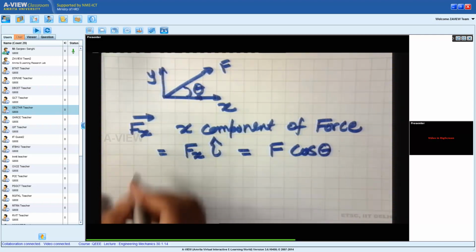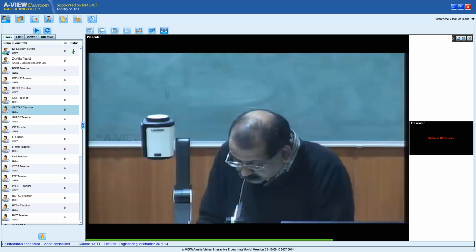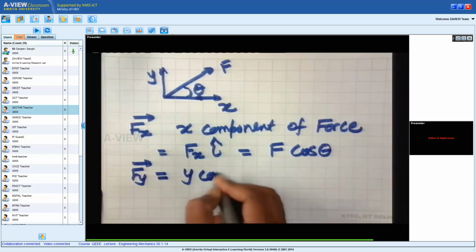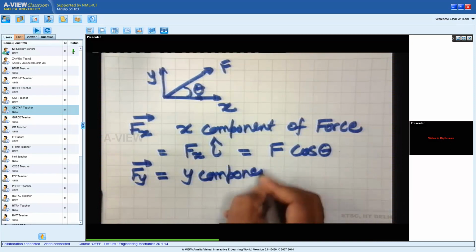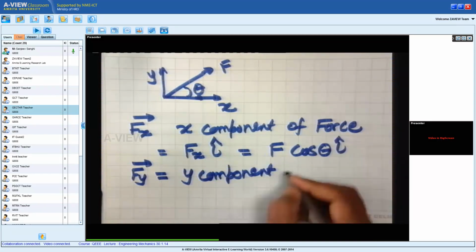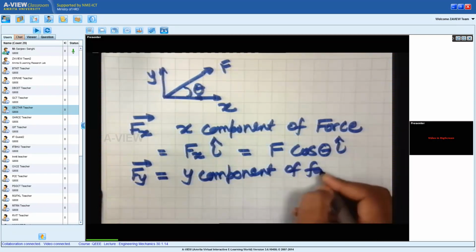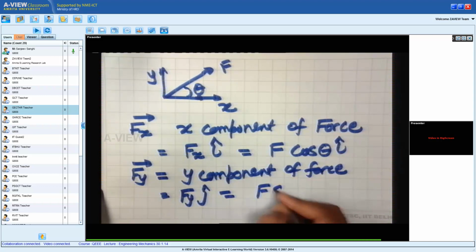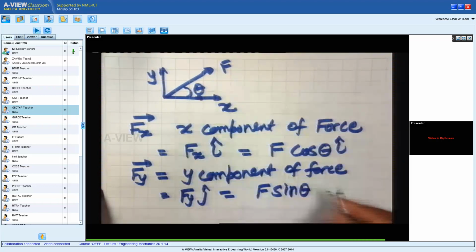Similarly, the y component of the force, which as a component is a vector, will be equal to F sine theta j.